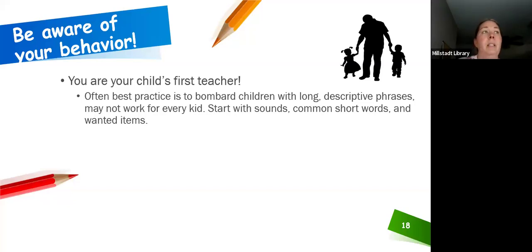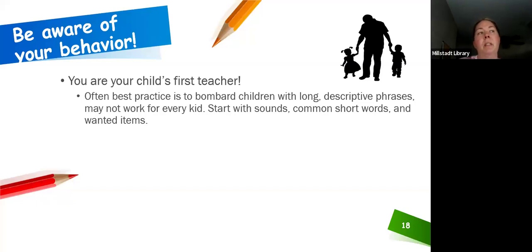So saying something like wee, oh, uh-oh, yellow, and common short words like up, go up, up, up, up, and then we're going to go down, down, down, down. And then again, wanted item.